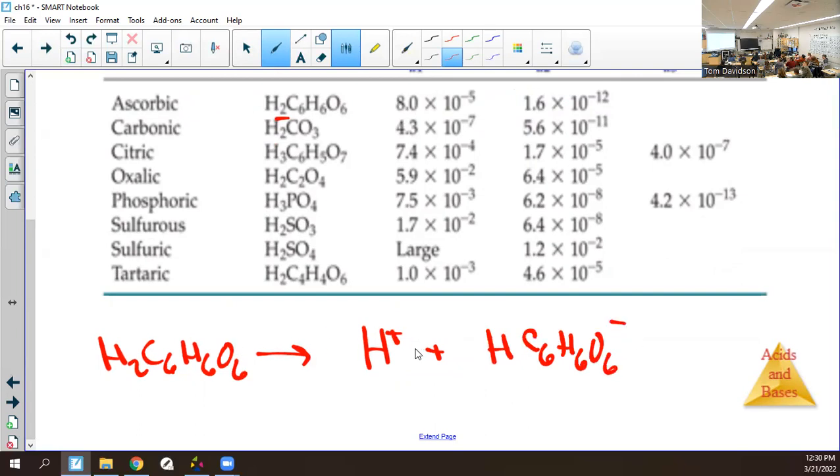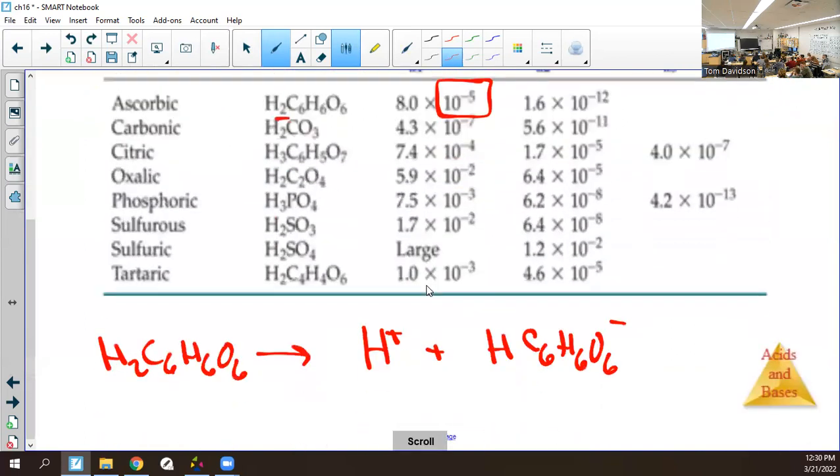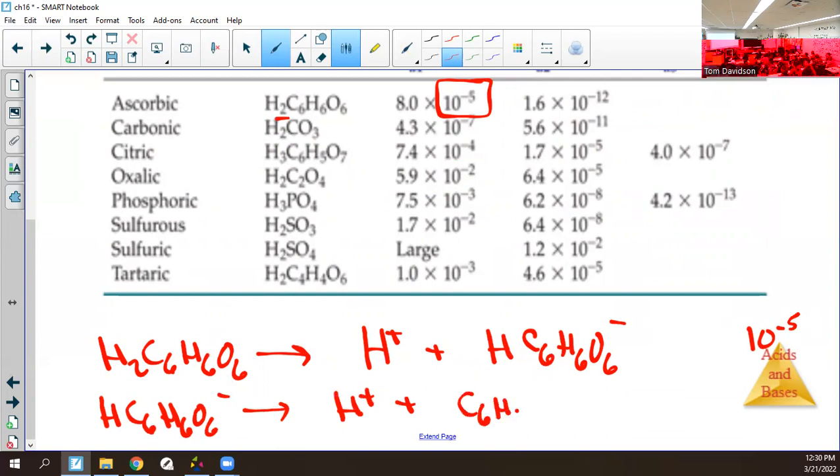This is the first dissociation where the H plus was given off. Are you okay with that? Or dissociation, sorry, not ionization. And its Ka is 8 times 10 to the negative fifth. Well, the second one is now this. That's the second one, and it says it's 10 to the negative 12.